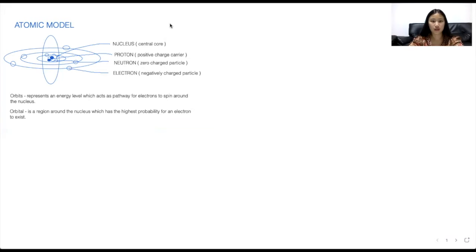Okay, let us next move into the brief history of the discovery of the atomic model.